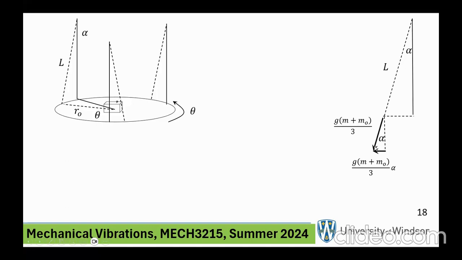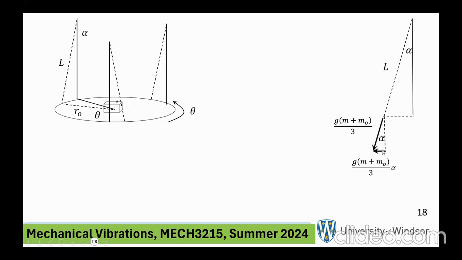Now, this angle alpha, if we take this dashed line parallel to this wire hanging in the original configuration, the component of this wire force in the tangential direction is just this tension times sine of alpha.